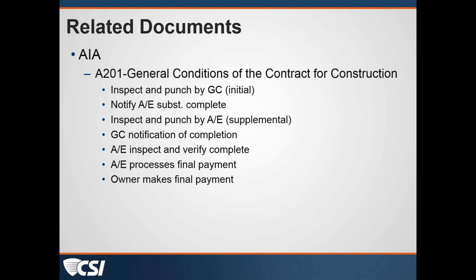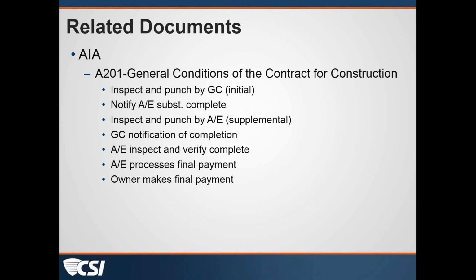The general contractor, of course, makes an initial inspection and punch list of the project. He then notifies the architect or engineer that he is substantially complete, and then the architect or engineer, once they are notified of substantial completion, inspect and supplement the general contractor's punch list with additional items that they may see, and give that back to the contractor.